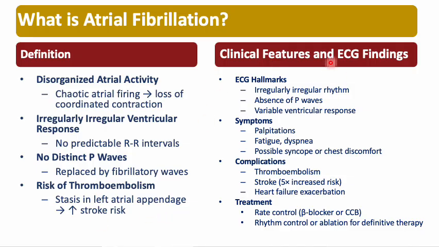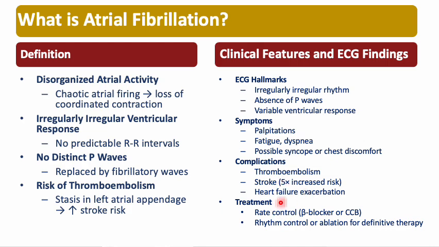Clinical features and ECG findings: again, you have an irregular rhythm, absence of a P wave, and variable ventricular response. Symptoms may include palpitations, fatigue, dyspnea, possible syncope, and chest discomfort. Complications, again, thromboembolisms. These patients are at 5 times increased risk to have a stroke.